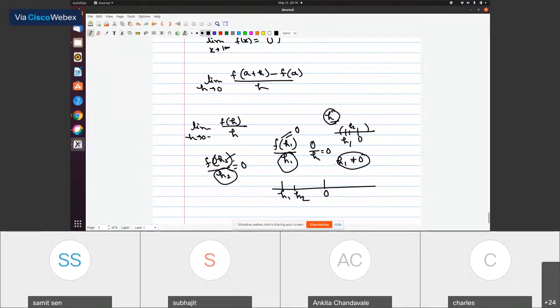As we are approaching 0, for every number like this, f(hn) by hn, I am getting a sequence, right? And in this sequence, every number is 0. It is a constant sequence where every number is 0. So as n tends to infinity, the sequence converges to 0, because every number is 0 there. That's how we got this limit to be 0.